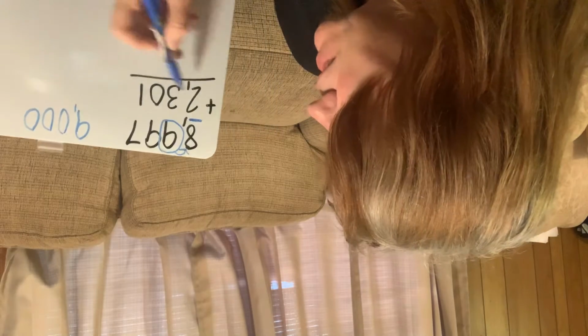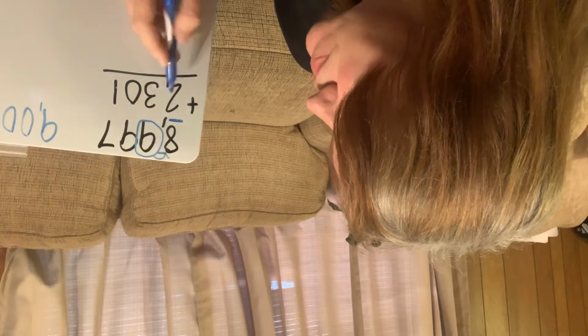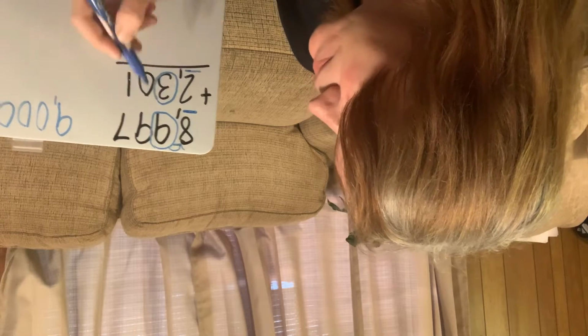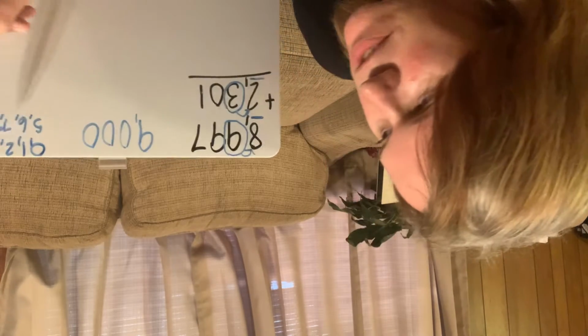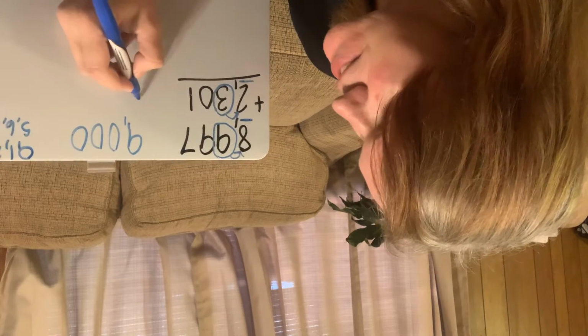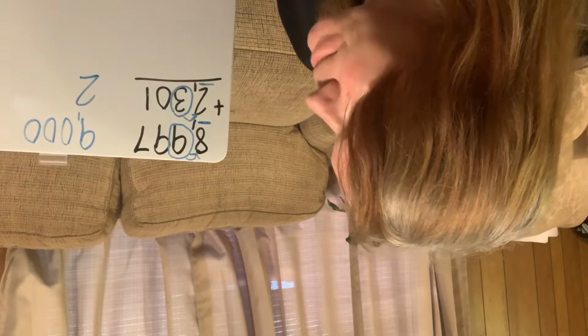All right, now I've got to do the same thing for 2,301. Let's find the thousands place. Ones, tens, hundreds, thousands. All right, I'm going to circle the number to the right. Okay, so that 3 is going to tell that 2 what to do. Now I have to determine whether it's 4 or less or 5 or more. Well, the 3 falls in the 4 or less, so it's going to tell the 2 to stay the same. Okay.